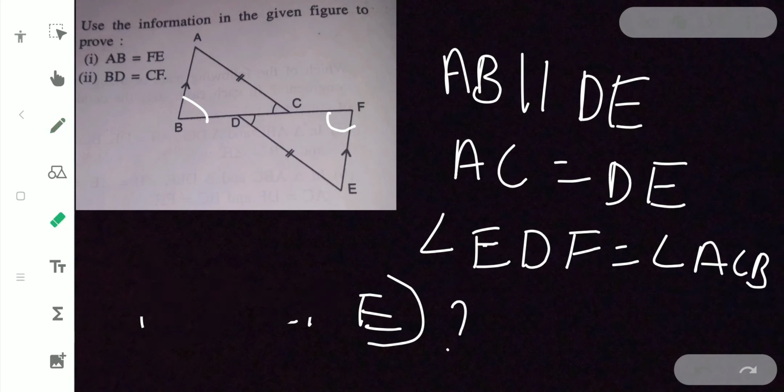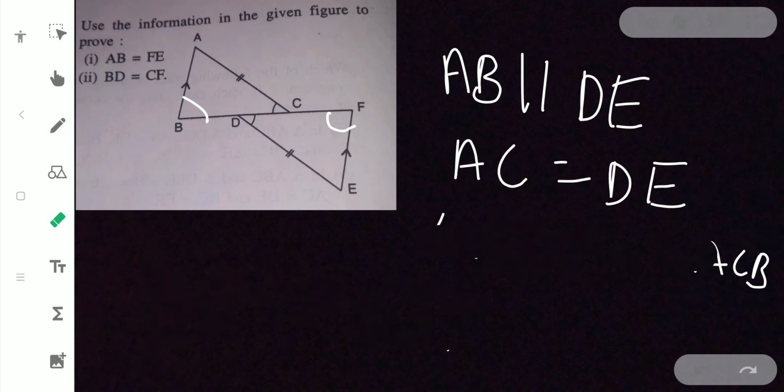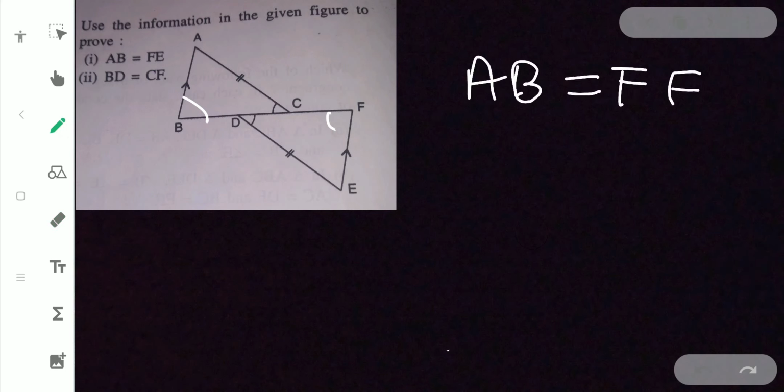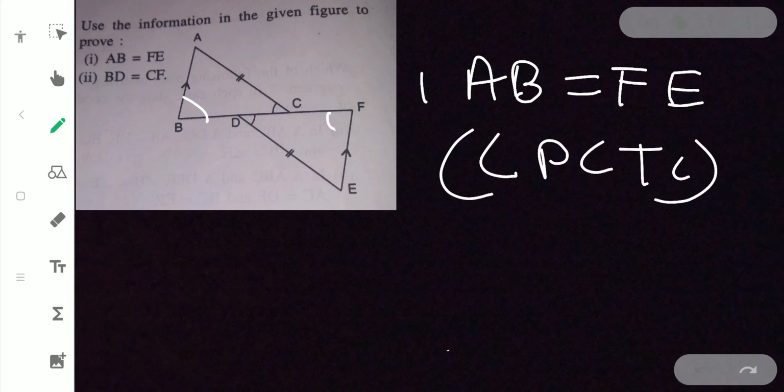So I am just rubbing the information that I have written before, and I am writing here AB is equal to FE by CPCTC. So that one we have proved, the first one. Now the second one is remaining. It is given in the second one, that is BD is equal to CF. That means we have to prove this BD is equal to CF.